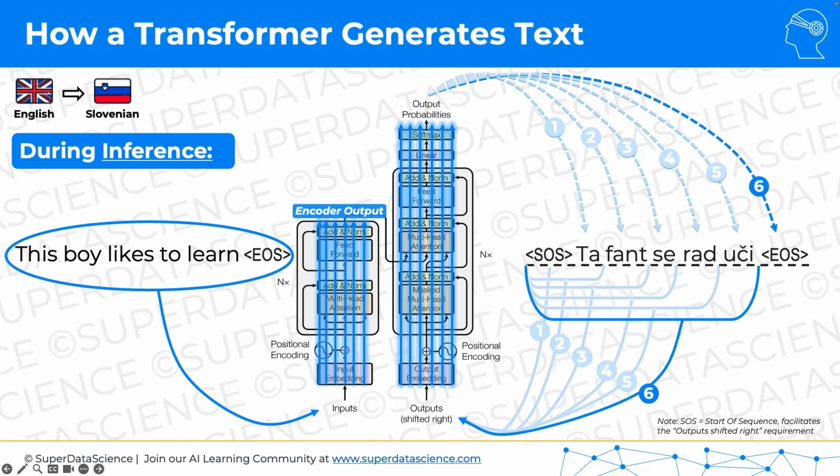A key important conceptual thing to take away from this tutorial, if we were to take away just one thing, is that translation, just like any other task that the transformer performs, is a language generation task. It's a one step at a time kind of task.